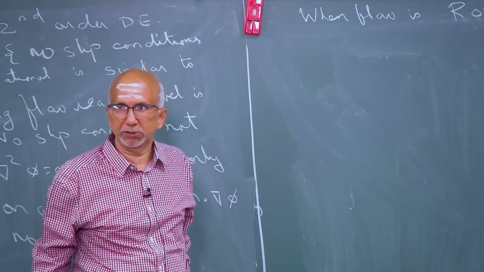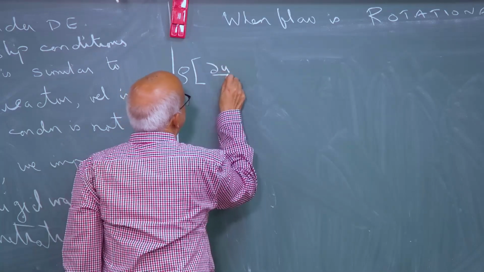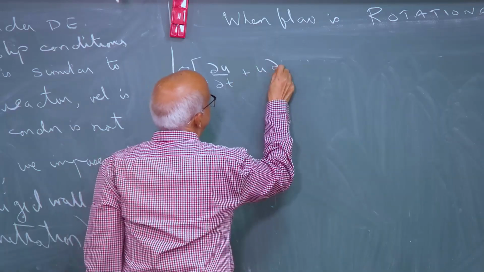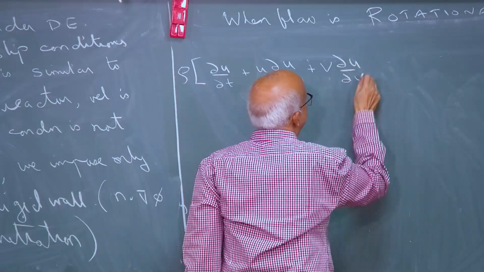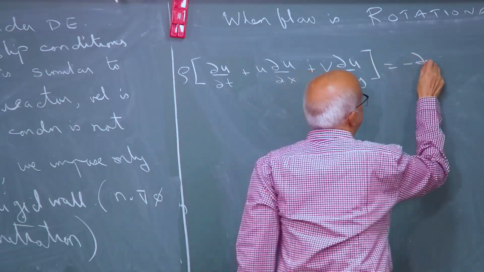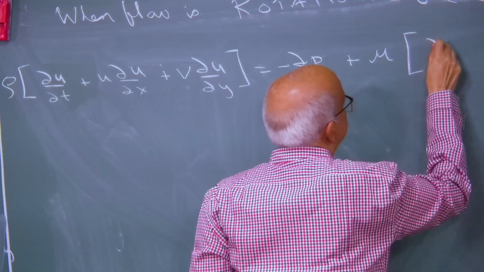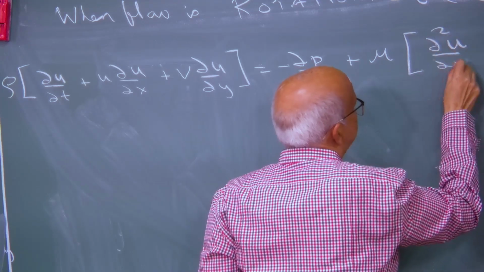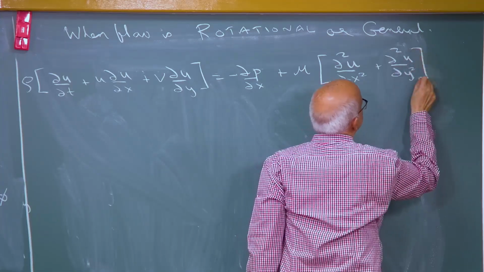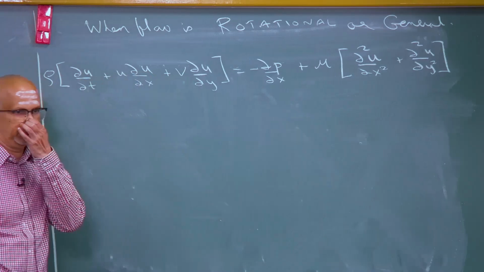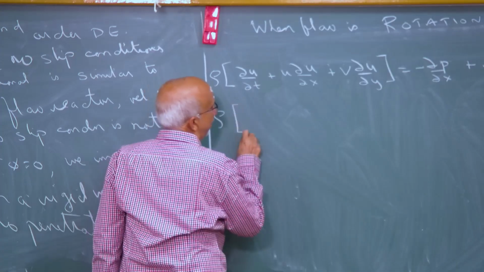So, I am going to write the Navier-Stokes equation, okay: rho times du by dt plus u du by dx plus v du by dy equals minus dp by dx plus mu times d square u by dx squared plus d square u by dy squared. Okay. That is the x component, and now I write the y component.